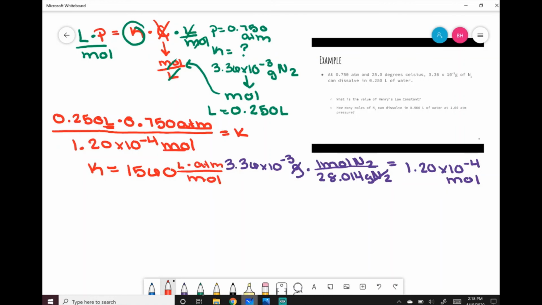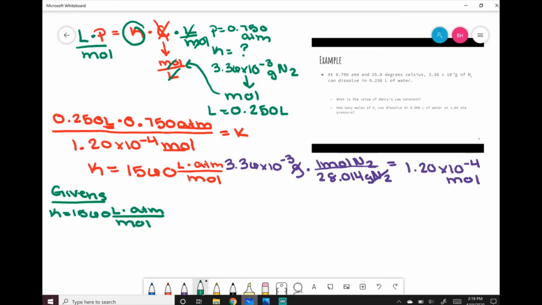So now our next problem says, how many moles of nitrogen can dissolve in 0.500 liters of water at 1 atmosphere in pressure? So we have a slightly different problem. Let's identify what's given. So here are our givens. We know K because we already solved for that: 1560 liters atmospheres over moles.